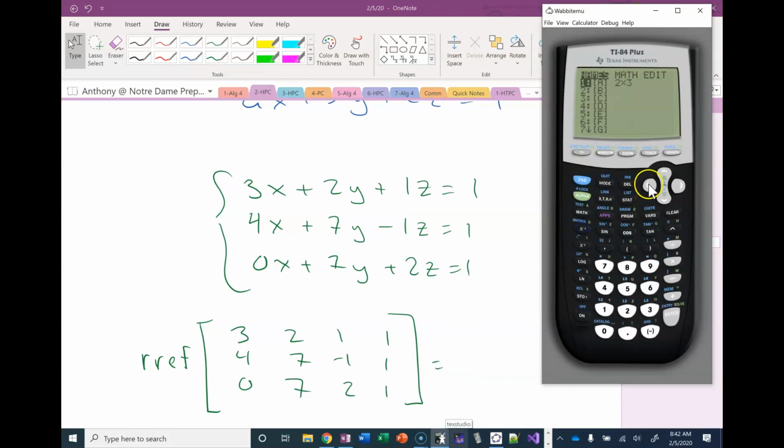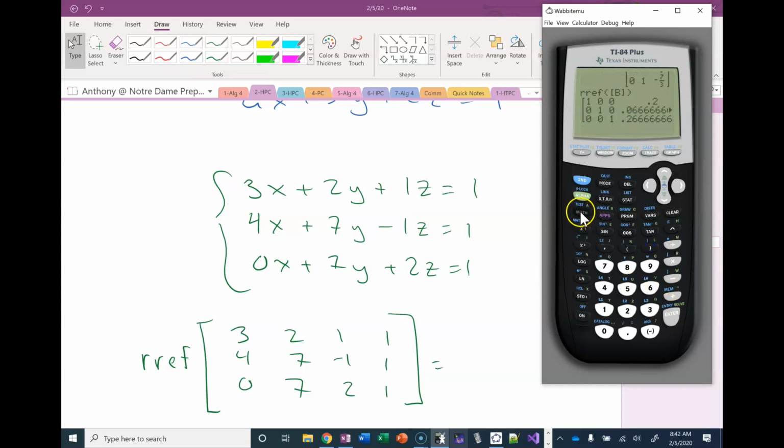And so the last thing I'm going to do is enter this into my calculator. So I have 3 rows and 4 columns. So 3, 2, 1, 1, 4, 7, negative 1, 1, and then 0, 7, 2, 1. So that's all entered in. Now I'm just going to go back in, find my math tab, RREF on this matrix we just made.